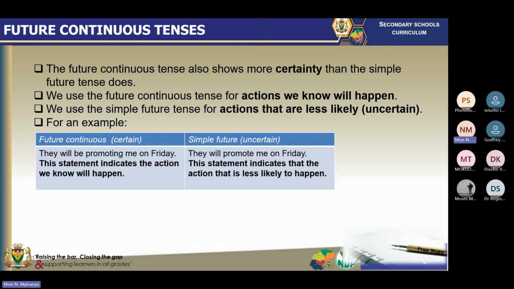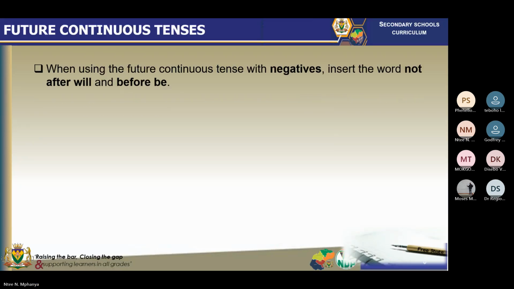For example, in future continuous, where the action is certain, we have a sentence like, they will be promoting me on Friday, because the statement indicates the action we know will happen. While in the simple future, because the action is uncertain, this is the example: they will promote me on Friday. Can you see the difference? Because this statement indicates that the action is less likely to happen.